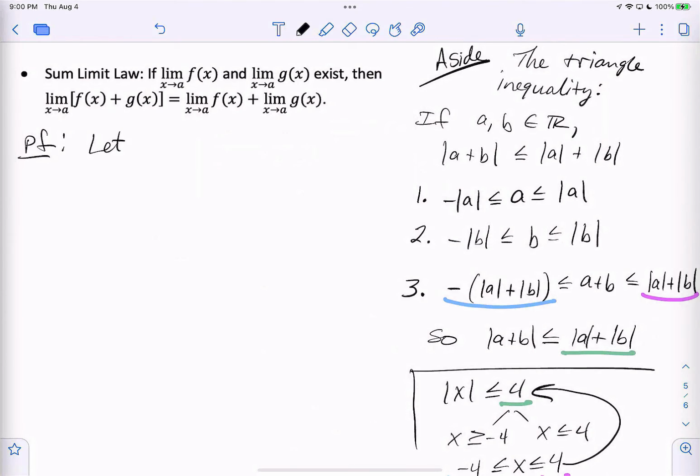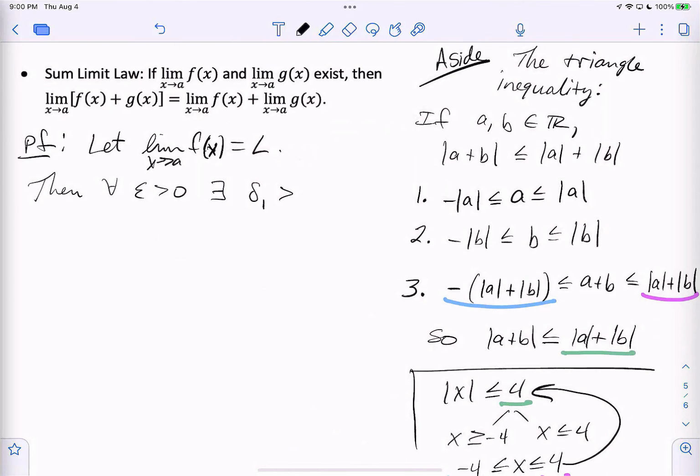We're going to start by labeling each limit. So let the limit as x approaches a of f of x equal L. Then, now I'm going to use mathematical shorthand. For every epsilon greater than 0, there exists a delta. And since this is associated with f, and we also have a g running around, I'm going to use delta 1.